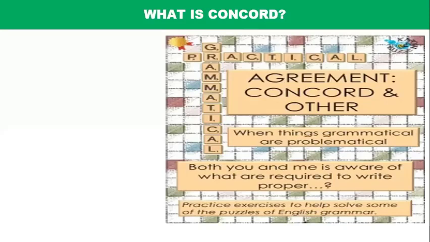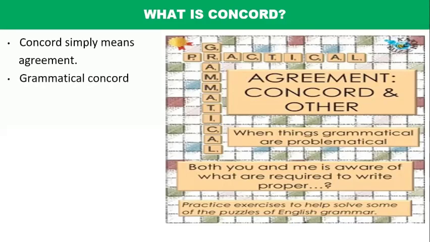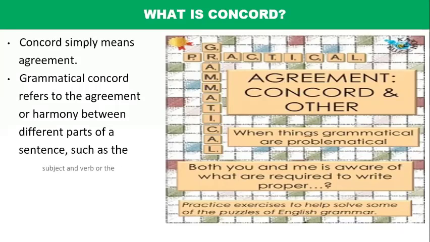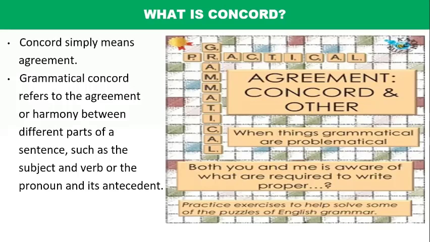Before we dive into the types of Concord, let's quickly understand what grammatical Concord actually means. Well, Concord simply means agreements. Grammatical concord refers to the agreement or harmony between different parts of a sentence, such as the subject and verb, or the pronoun and its antecedent.